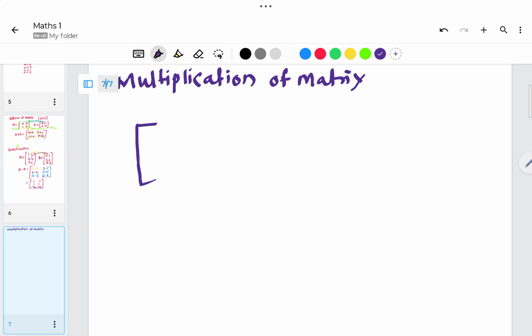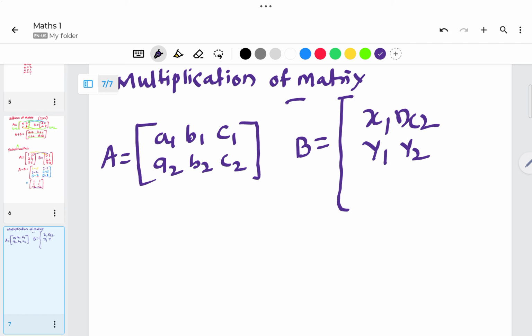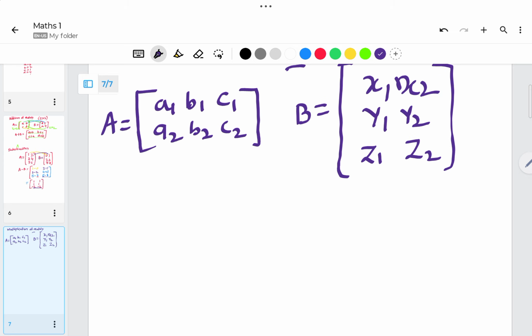If I take any number of rows and any number of columns, that is also okay. A1, B1, C1, A2, B2, C2, and another matrix I should have, that is B, which has x1, x2, y1, y2, z1, z2. If I want to multiply this, you have to take the row into the column.